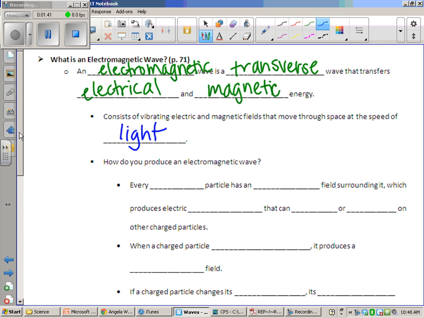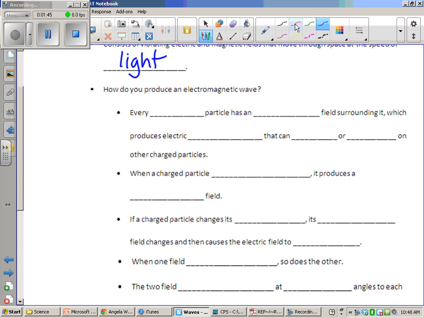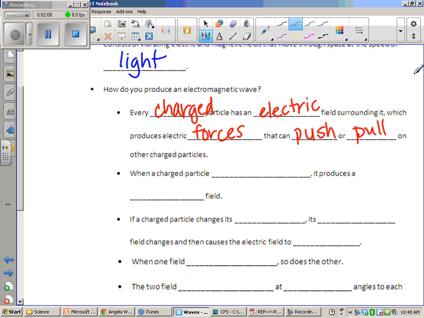Well, how do you produce an electromagnetic wave? Well, every charged particle has an electric field surrounding it, which produces electric forces that can push or pull on other charged particles.